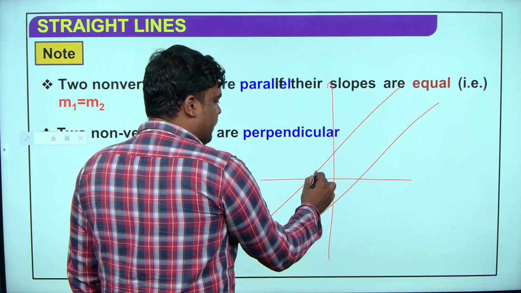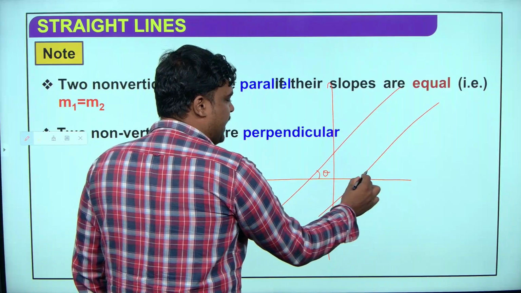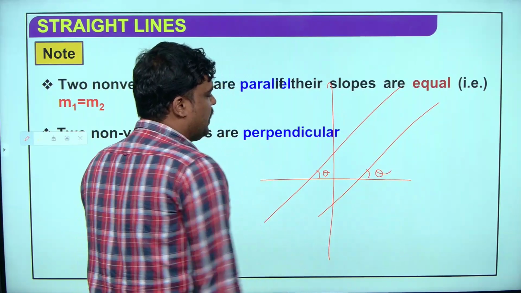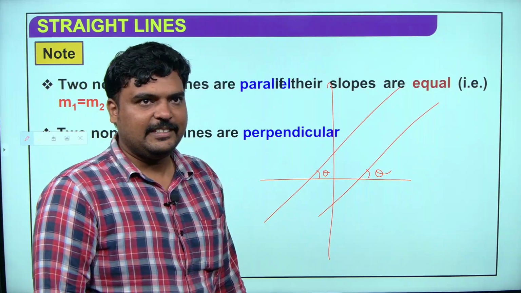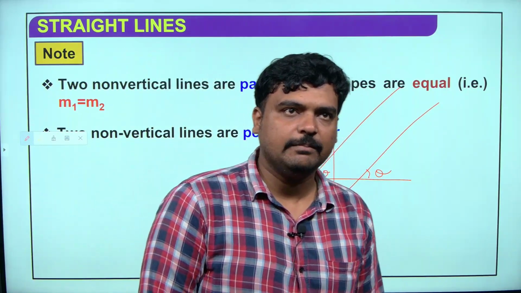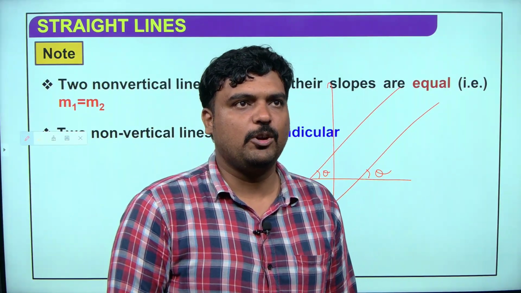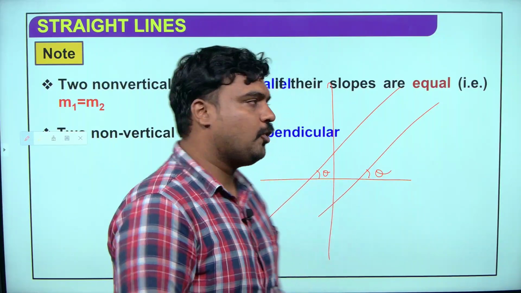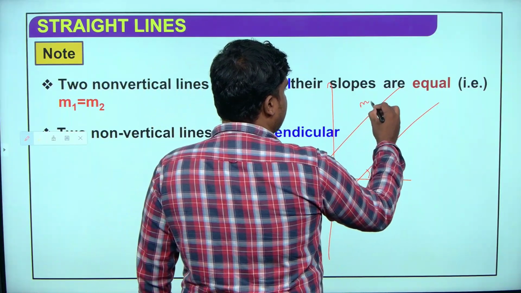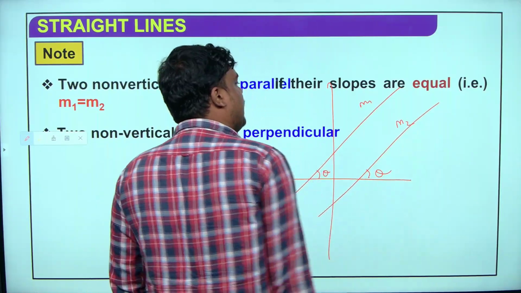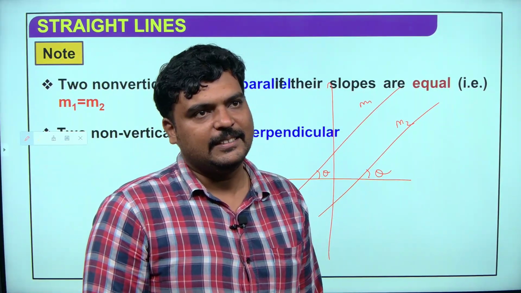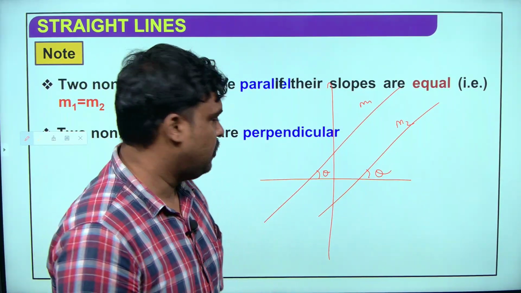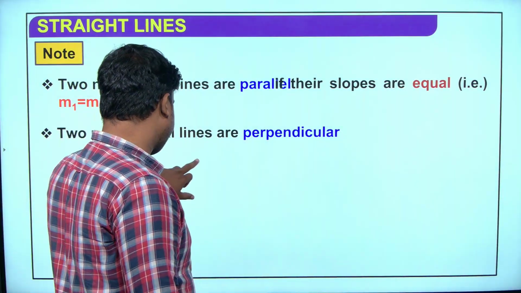These two lines are making the same theta, that is the same angle, to the x-axis. Then the slope of both lines will be the same. So the slope of this one I will take as m1 and this one as m2. If m1 and m2 are the same, then automatically we can say the lines are parallel. Okay, I hope you are getting this.